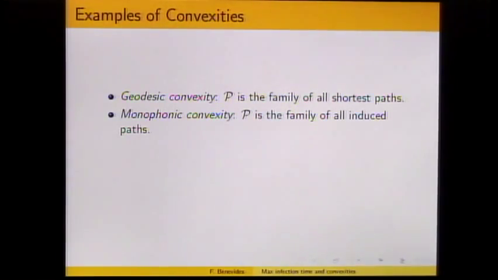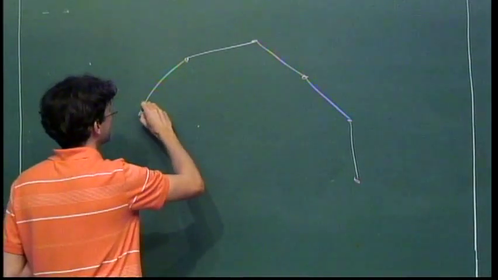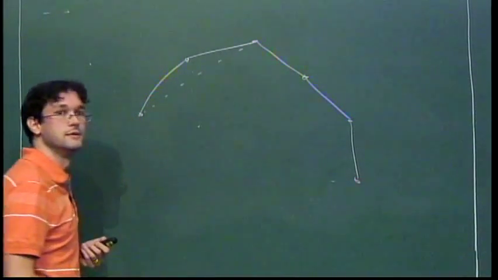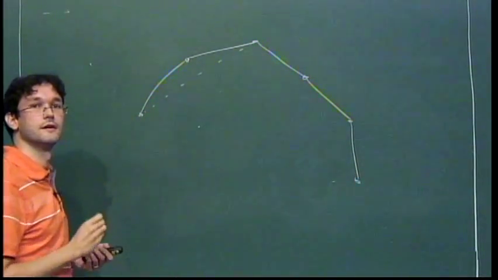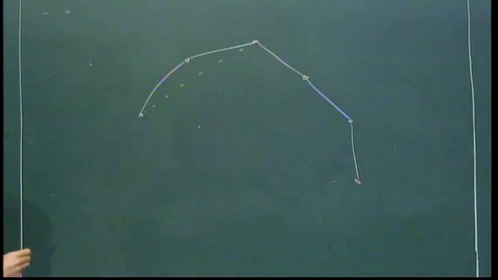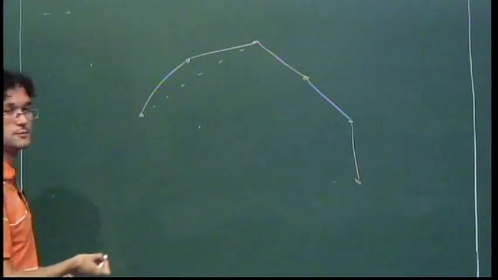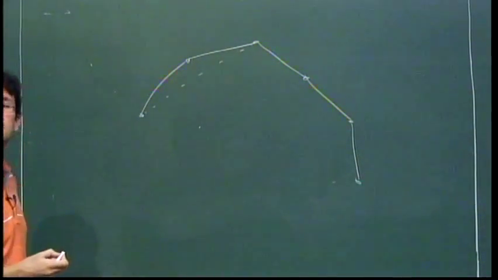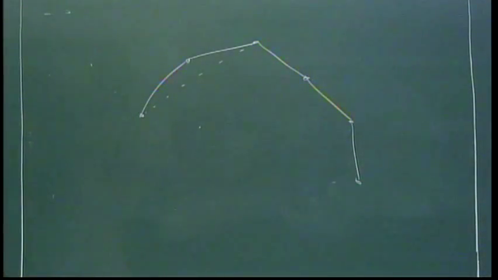It's some path in your graph in which you don't have an edge between any two vertices which are not adjacent. So any shortest path is an induced path, but you have induced paths that are not shortest. So in the monophonic convexity, your family has more paths. This makes it harder for a set to be convex, so you have fewer sets which are convex.